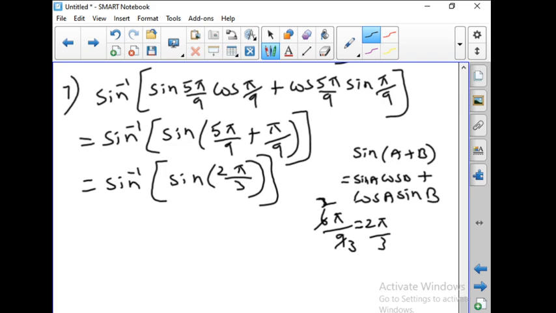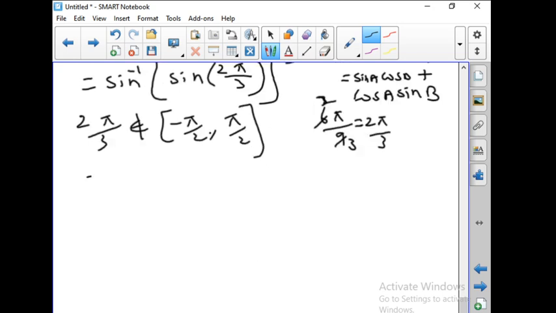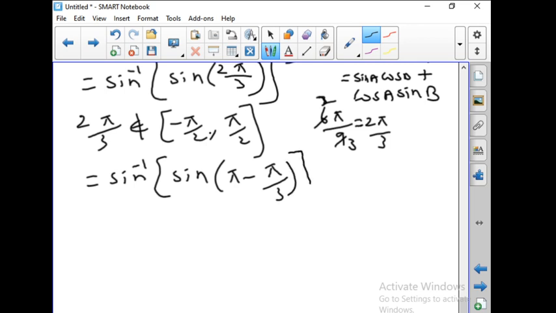We know that 2 pi by 3 does not belong to minus pi by 2 comma pi by 2. So how should we write this? This is equal to sin inverse of sin pi minus pi by 3. So 2 pi by 3 comes.